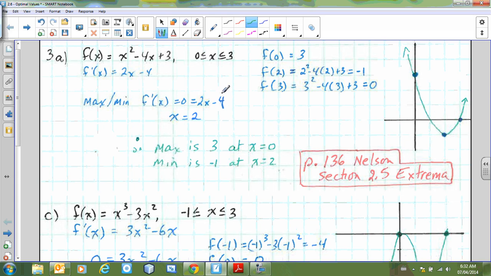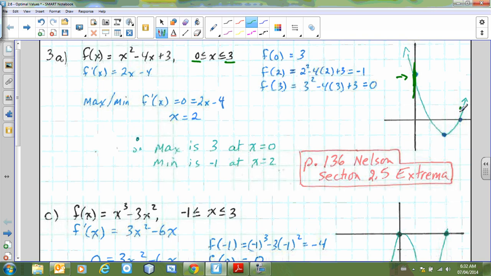Theoretically, we could also have a maximum or minimum at the endpoints, because as we see on this example, if the graph is cut off right here, then this will be a maximum value, regardless of the fact that the original curve would have kept going.